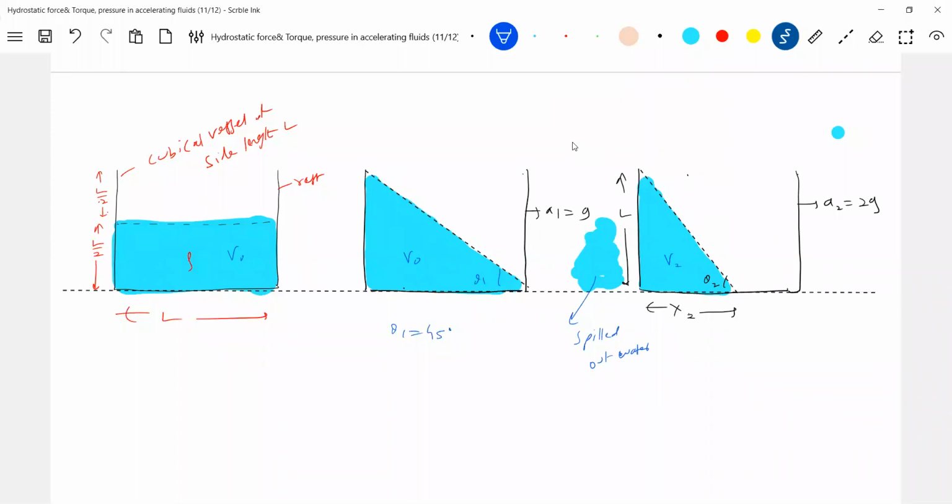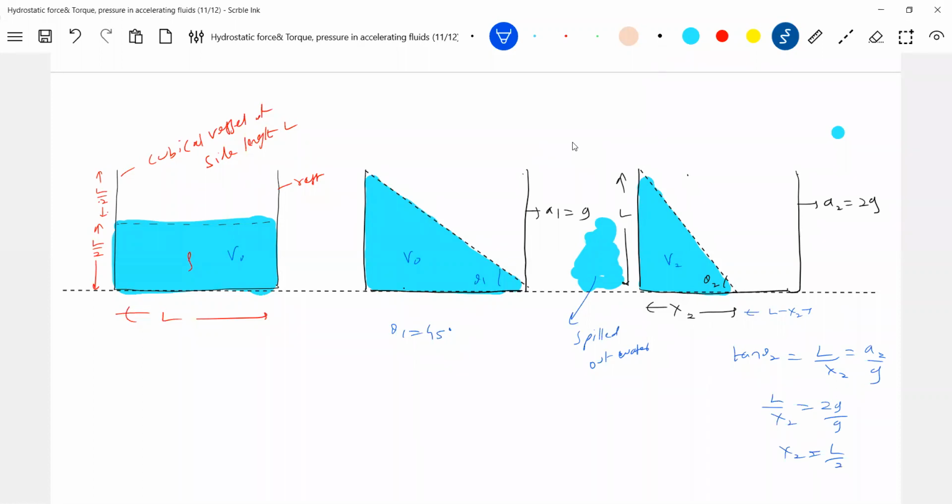Can we calculate how much water got spilled out for acceleration A2? From the first, tan theta 2 equals L by x2, and this is also equal to A2 by G. So L by x2 is equal to 2G by G. So x2 equals L by 2.